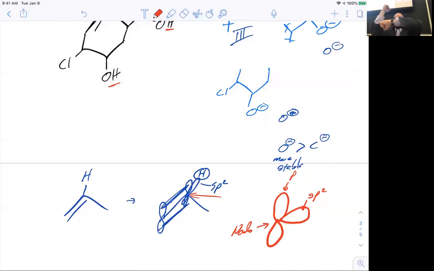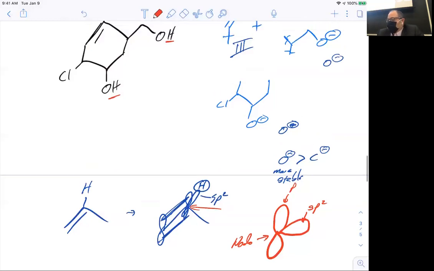This negative is in an orbital that cannot communicate with this pi bond, right? So one of the things you'll see is you'll think, well, it's a negative, there's a double bond. No, the negative has to actually be one away. If the negative is on the carbon, the problem is that it is orthogonal or in the node. So therefore there's no communication between that negative and the p orbital, okay? And so that is not delocalized.